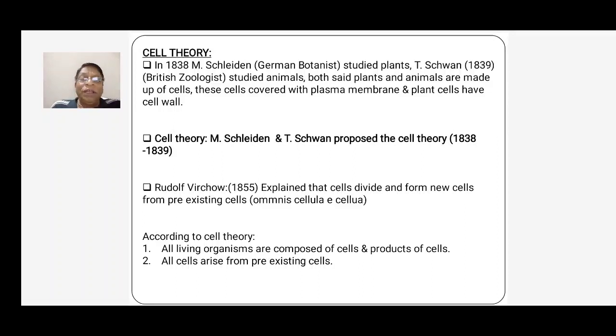All living organisms are composed of cells means all living organisms are made up of cells. And the product of cells means these cells divide and produce the daughter cells.